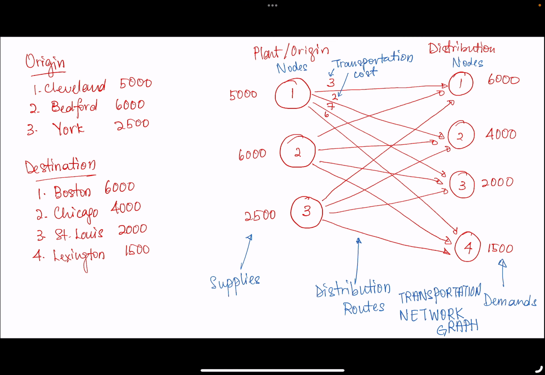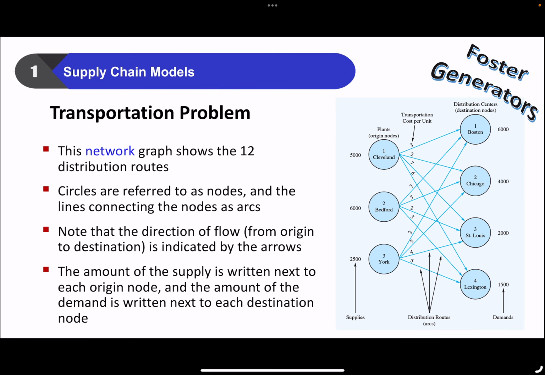We have the graph on the right hand side of the slide. As I told you earlier, the network graph shows the 12 distribution routes, 4 routes for each plant. So 4 times 3, there are 12 possible routes. Circles are referred to as nodes. Lines connecting the nodes are what we call arcs.